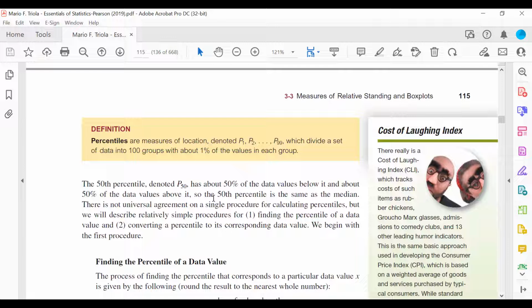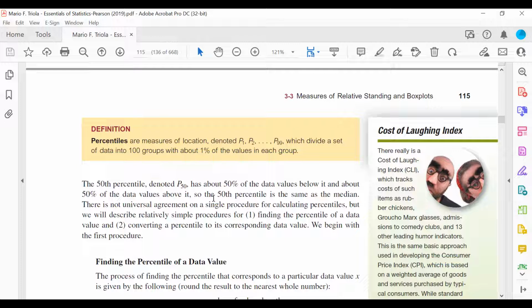It doesn't have to necessarily be 100 groups, but it has about 1% of the values in each group. So you're grouped, just like ranking. You were ranked from high GPA to the lowest, and they group them and call the groups whatever. Like there's your top 10%, from the highest GPA down to the lowest, and we don't know what happens to the people who rank last. They probably are in politics or something.